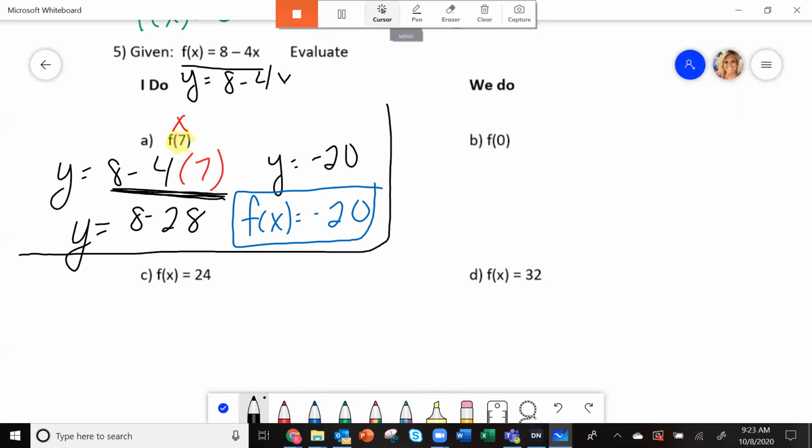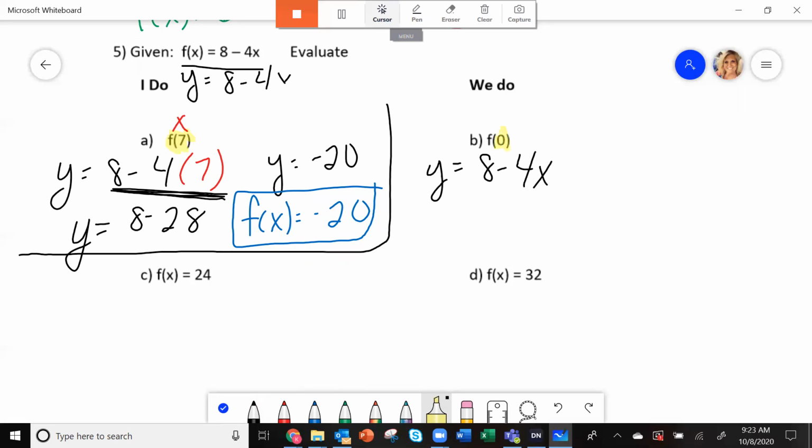So now, take a minute and try and do the letter B, doing the same thing. It says f of 0. Remember, you're starting off with your same equation, y equals 8 minus 4x.